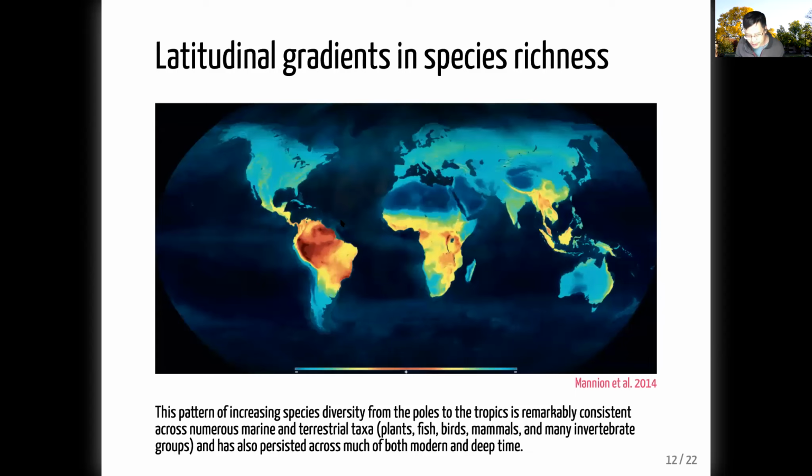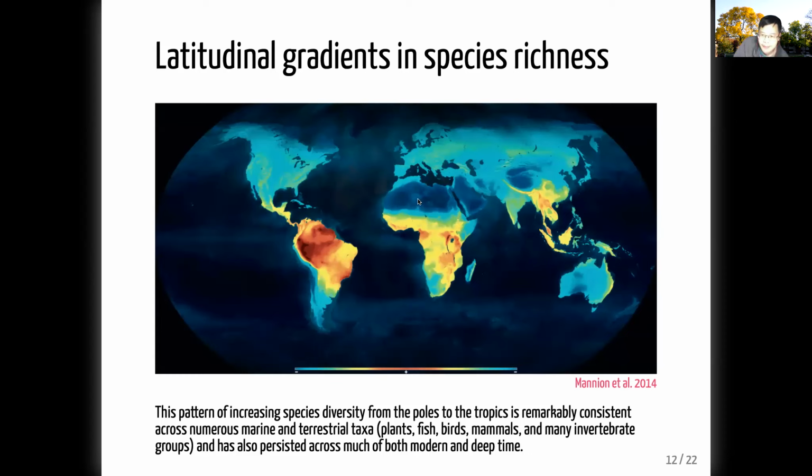One common pattern is latitudinal gradients in species richness. Here is a map of species richness of vertebrates across the world. The warmer the color, from red to dark red, the more species. A cooler color like blue, deep blue, represents smaller species richness.